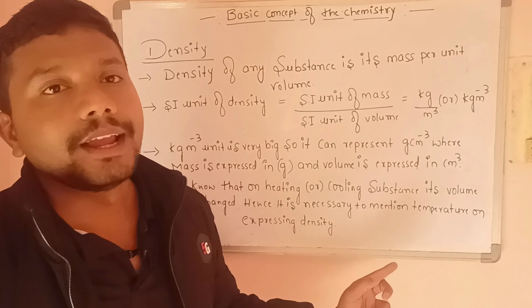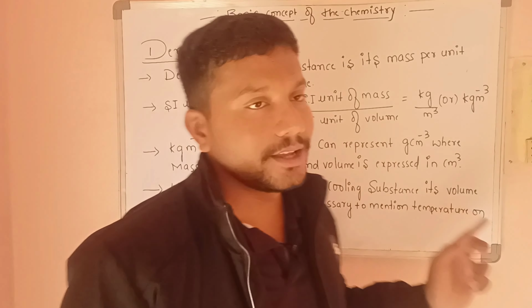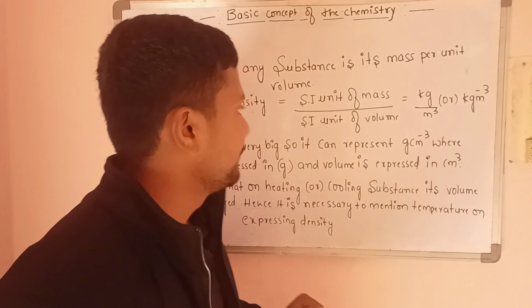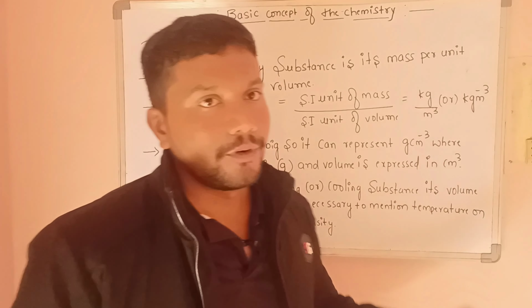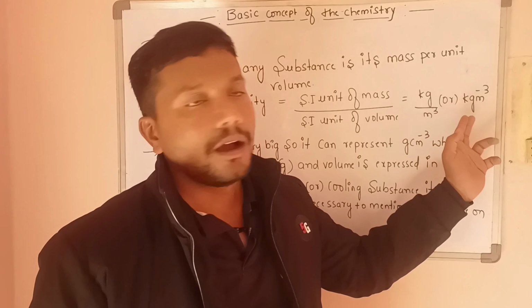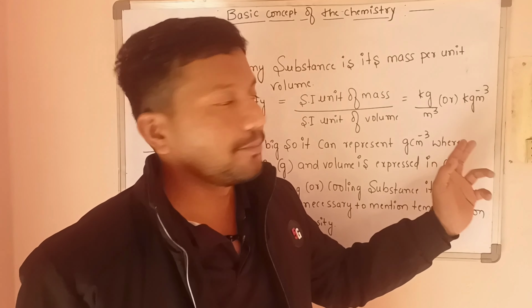The SI unit of mass is kg, and the SI unit of volume is meter cube. So you can write kg per meter cube.